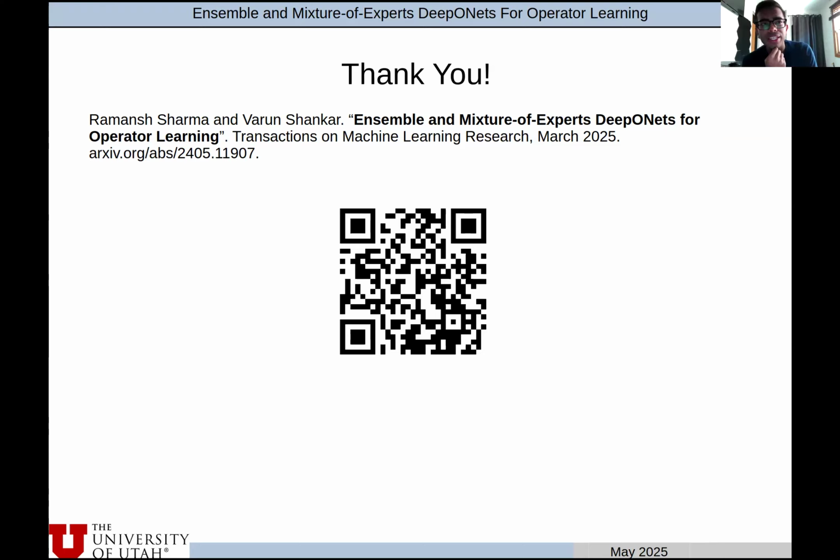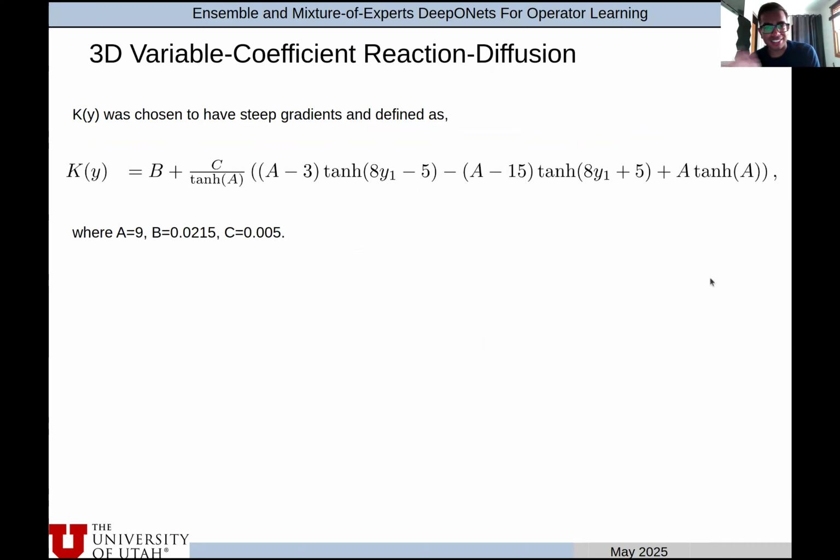Yeah, absolutely. I think shockwaves are certainly a well-suited application for this work. In fact, my next slide, as an appendix, shows, for example, the kind of coefficient functions, the variable coefficient diffusion that we used for the 3D problem. It had very steep gradients.